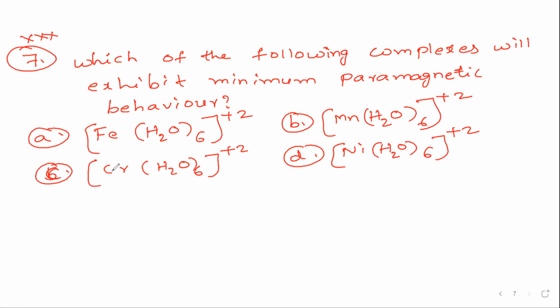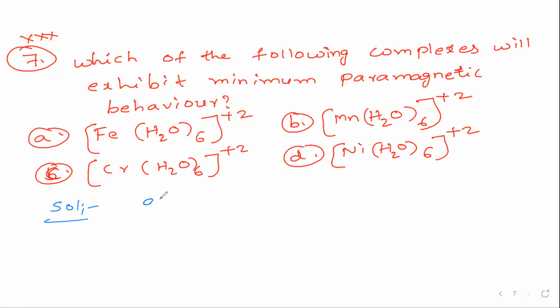Whichever has fewer unpaired electrons will exhibit least paramagnetic behavior, because paramagnetic behavior is related to unpaired electrons. So please note it down.